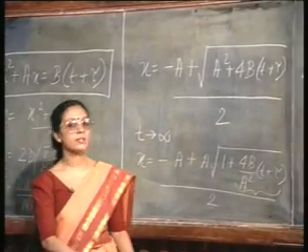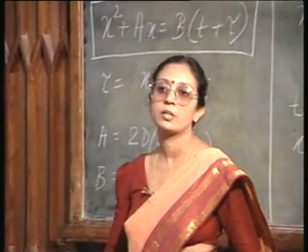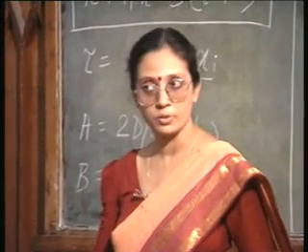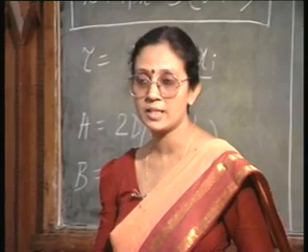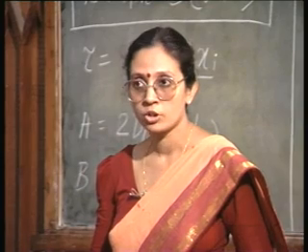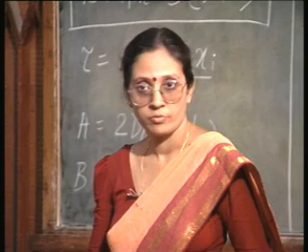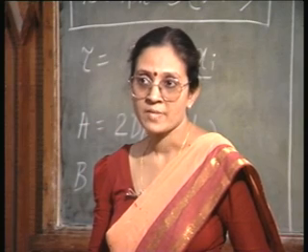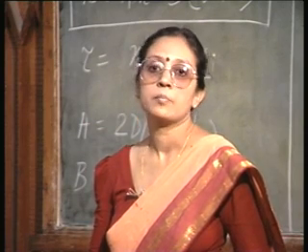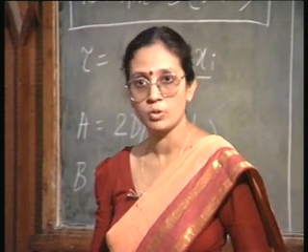So, this is the famous Deal-Grove linear parabolic equation of oxide growth rate. When the oxidation time is short, the growth rate follows a linear rate of increase, and when the time is much larger, then it follows a parabolic rate of growth.